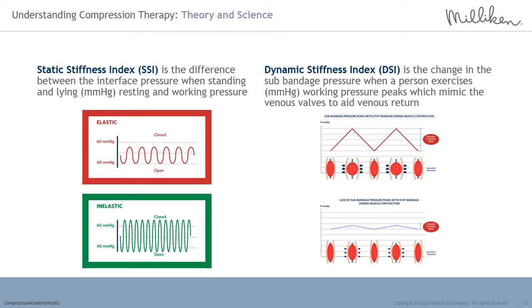Dynamic stiffness index is the change in subbandage pressure profiles during exercise. The pressure peaks and troughs shown in the graphs create an intermittent, short duration venous occlusion, which are believed to reduce venous reflux and venous pressure.